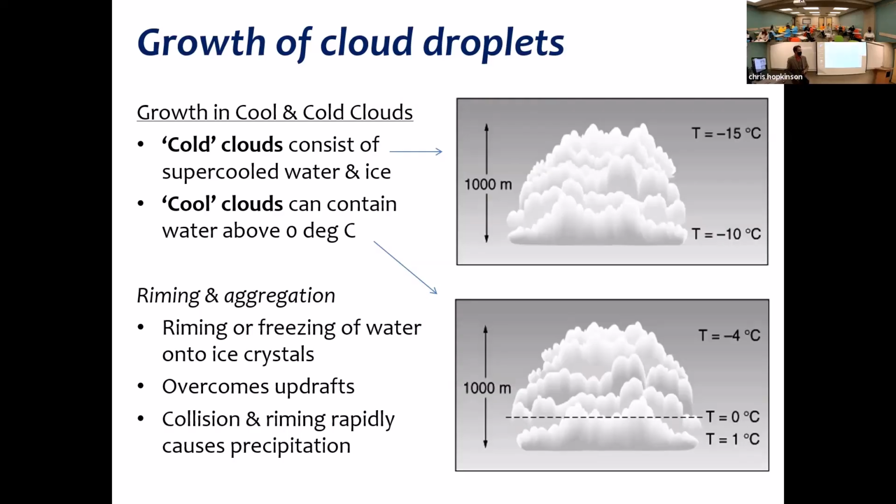And so in a cool cloud, this is where you can get mixed processes, where you'll get sublimation and crystalline formation at the top, but then as it falls down and recirculates, liquid water could be attracted to it, and maybe you'll get hail. So a cool cloud isn't necessarily going to create hail, but it could. That's why we can get hail in summertime, right?